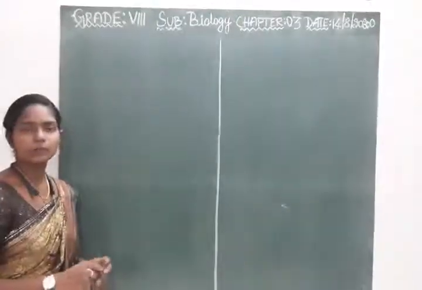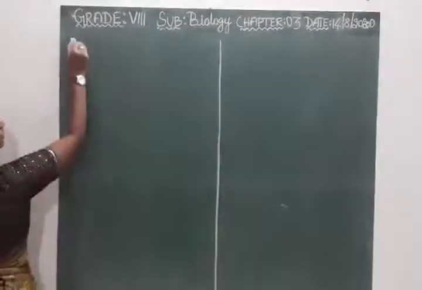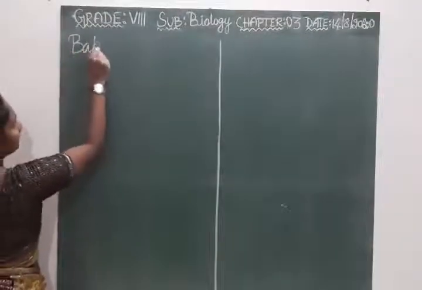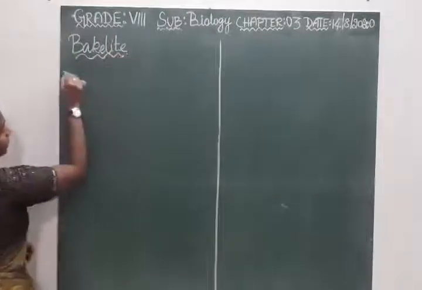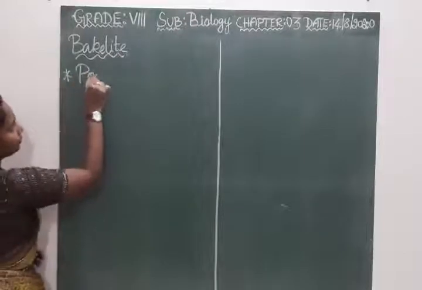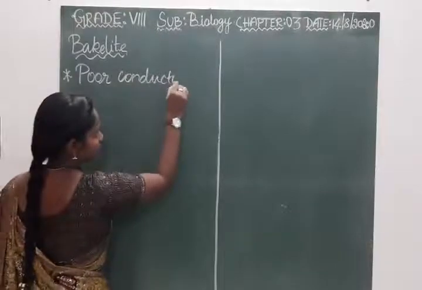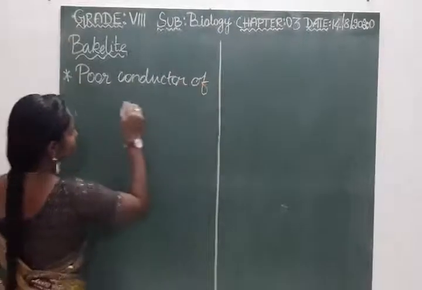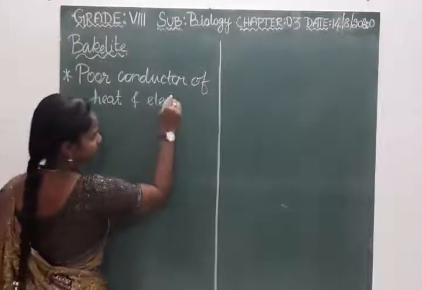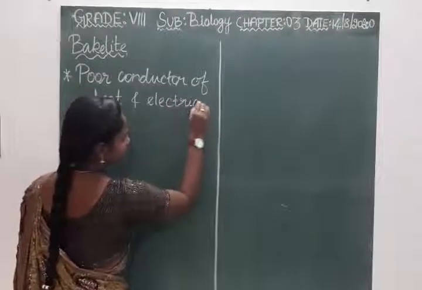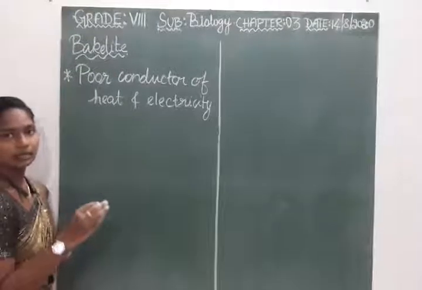Now we are going to discuss bakelite and melamine, which are thermosetting plastics. Okay, bakelite. This is a poor conductor of heat and electricity. A poor conductor will not allow the heat to pass through.